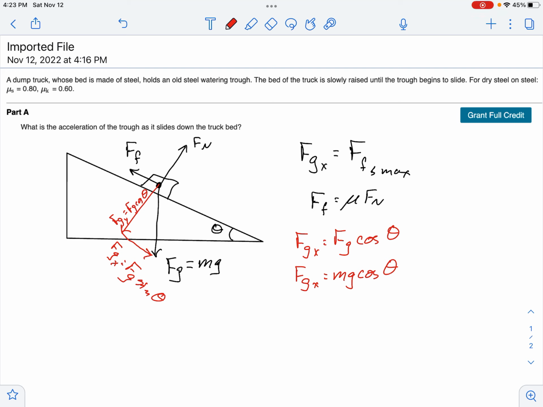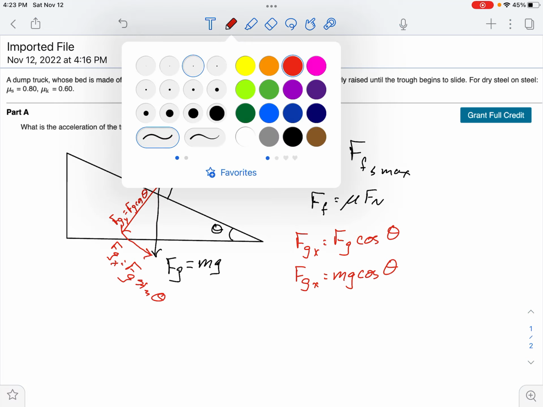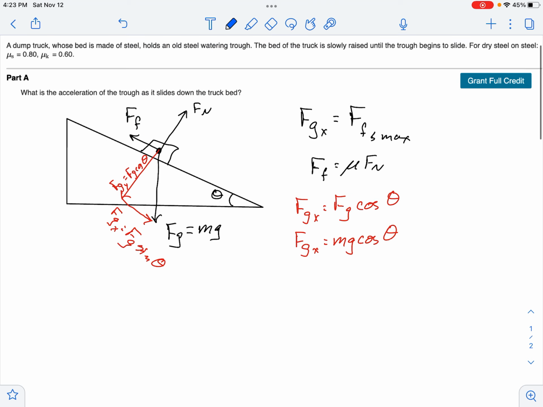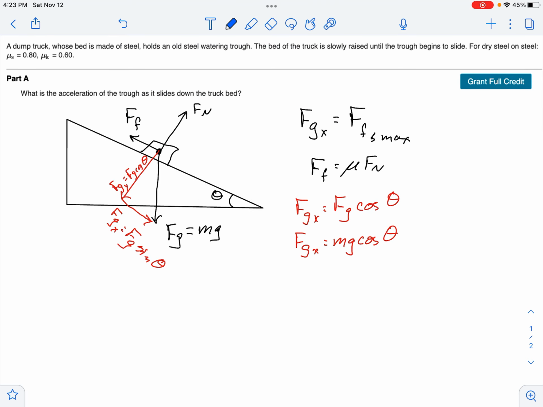Still, at this point that doesn't get us to where we need to be. So let's figure out what our force of friction is going to be. Our force of friction static max is equal to mu sub s times the normal force, which is actually just going to be equal to Fgy.